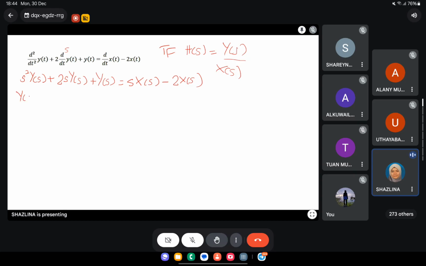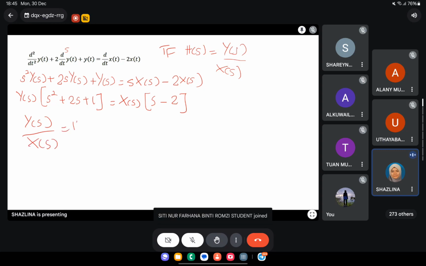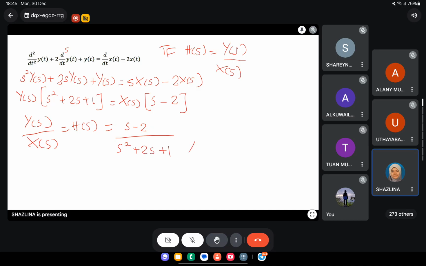So you take out Y(s), so it's s square plus 2s plus 1 equals, then you take X(s) out, which is s minus 2. So Y over X, which is the transfer function H(s), equals: you bring X to the left side, s minus 2 remains on the right side, then you bring this s square plus 2s plus 1 to the right side. S minus 2 over s square plus 2s plus 1. Okay? Senang je kan?